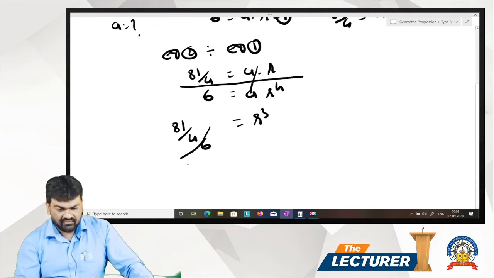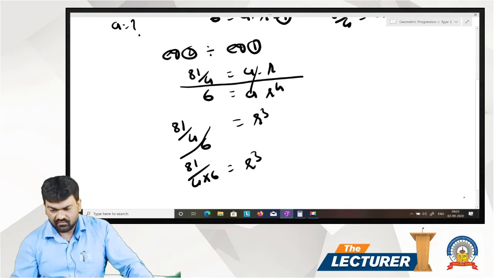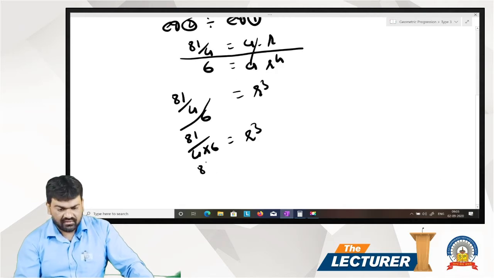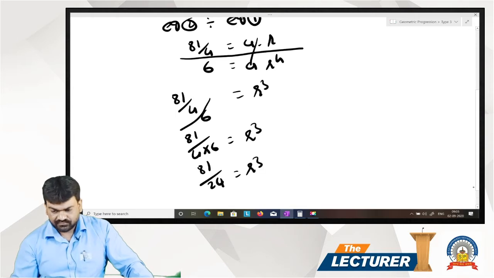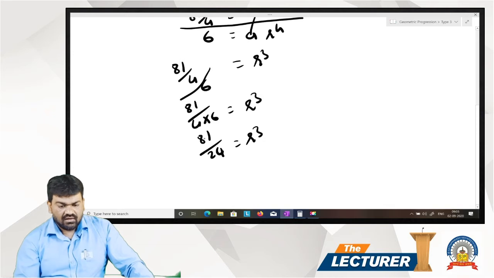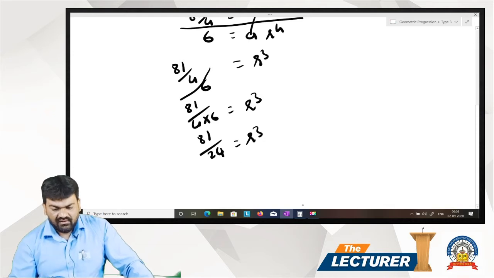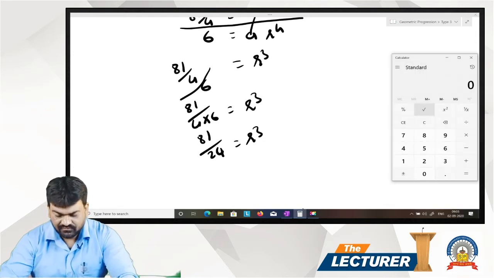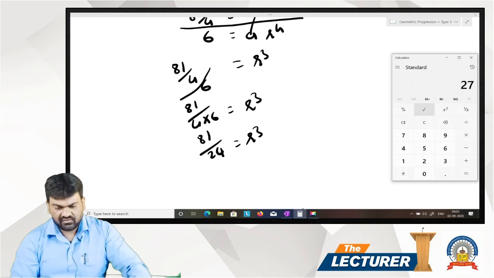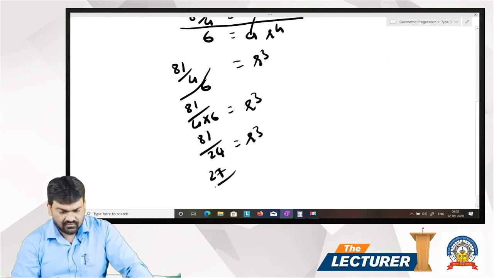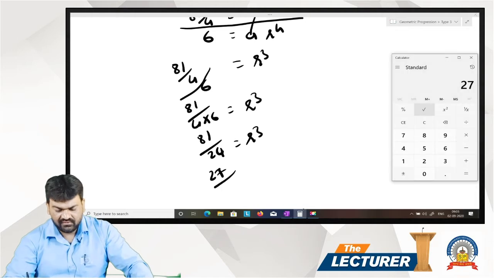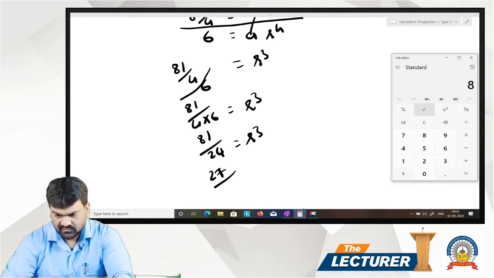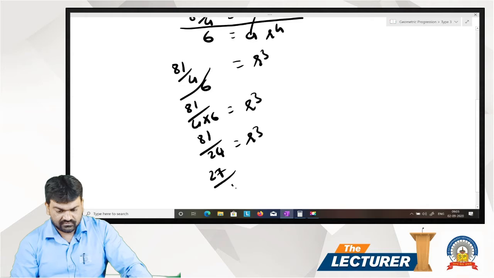So 81 over 6 multiplied by 4 is equal to r cube. So 81 divided by 24 is equal to r cube. 81 divided by 3, that is 27. 24 divided by 3, that is 8, is equal to r cube.